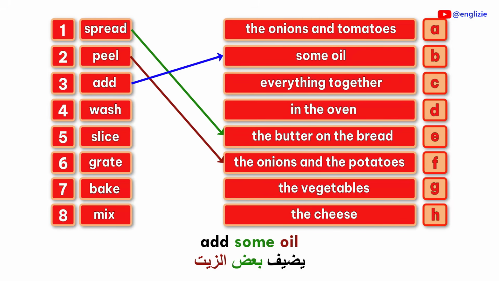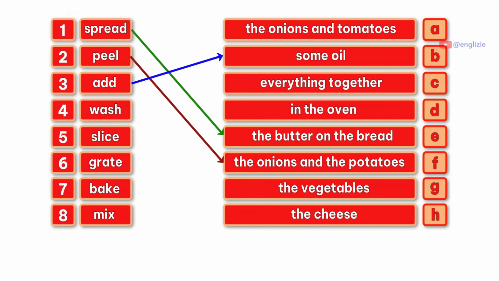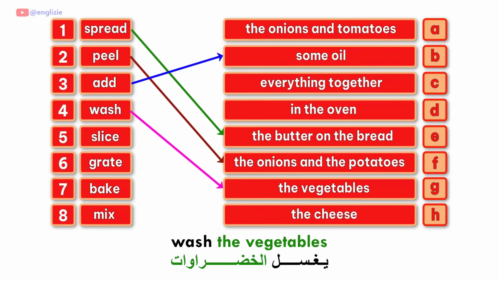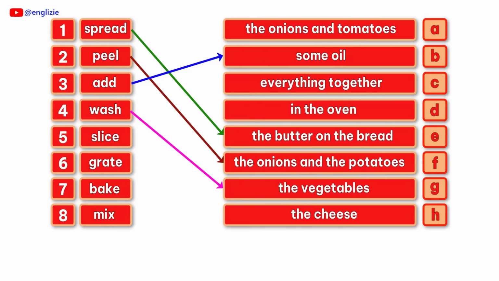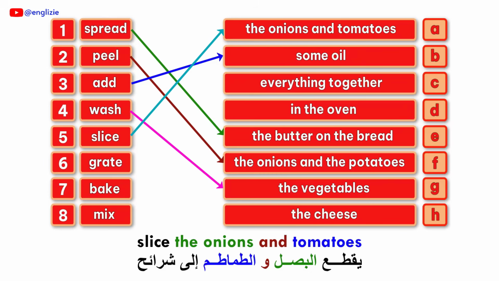Add some oil. 4. Wash the vegetables. 5. Slice the onions and tomatoes.